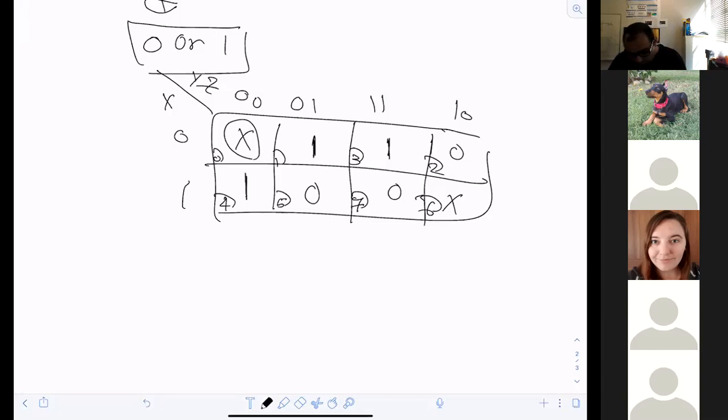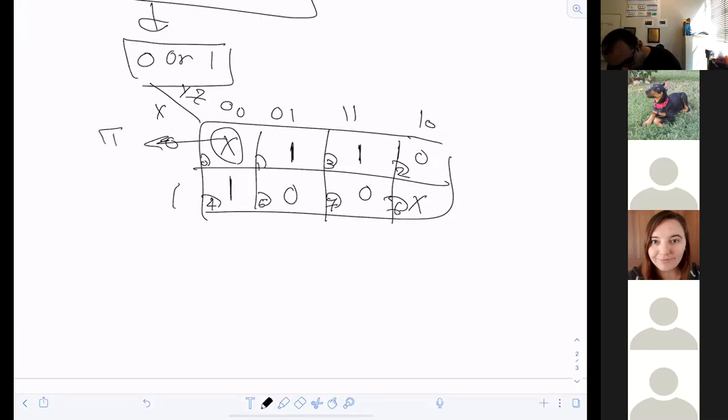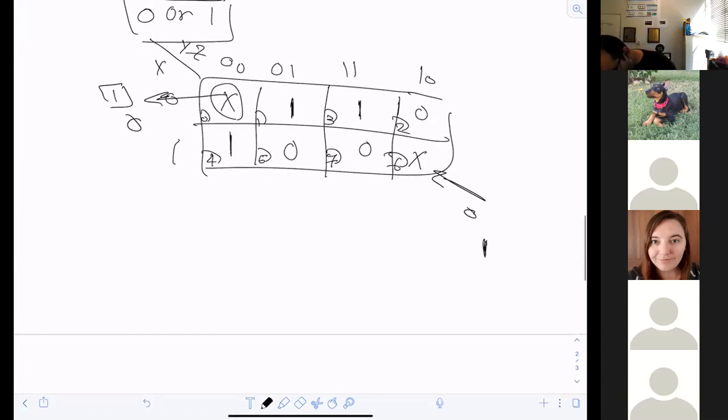One of the ways I can do it, I can make this guy equal 1 and I make this guy equal 0. You guys agree? Or the other option, I make this 0 and I make this 1. Let's see, right? 1 and 1, they don't have any neighbor to make them 4. Do you agree? So pretty much those are grouped.